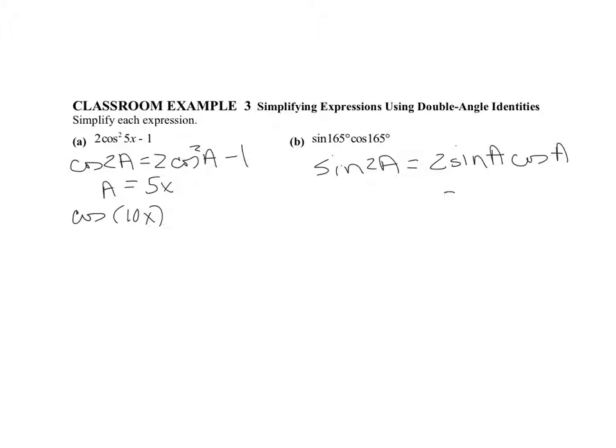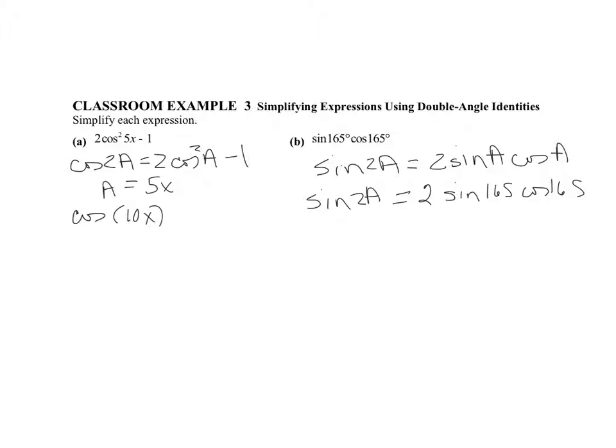Since we have the sine of 165, cosine 165, if I'm going to insert a 2, since the 2 is not there, wouldn't I then need to come back and divide both sides by 2? Wouldn't that be legal?